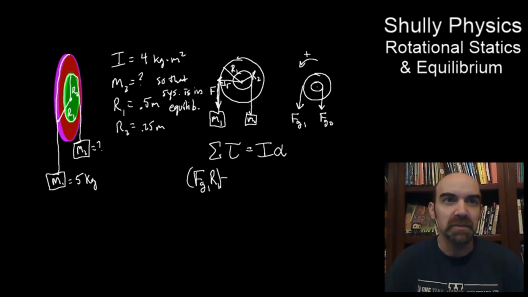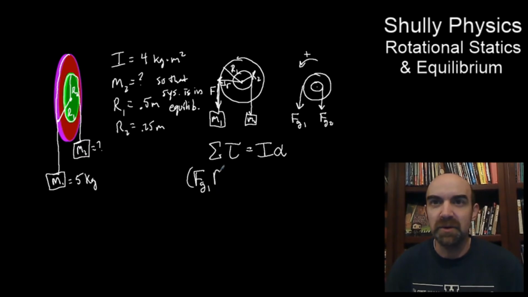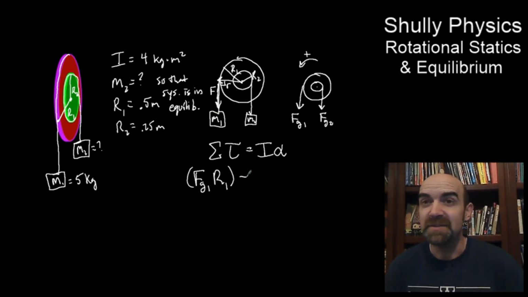I'm going to clean that up just a little bit, make it a little clearer. Okay, so we've got FG1 R1 is the torque from this first mass, minus FG2 R2. Remember, I'm subtracting it here because this is an opposite torque.